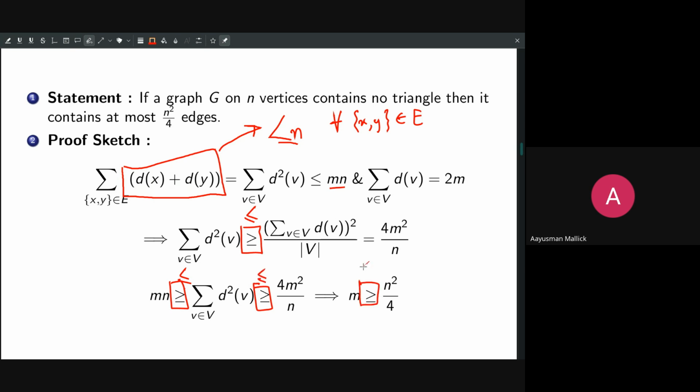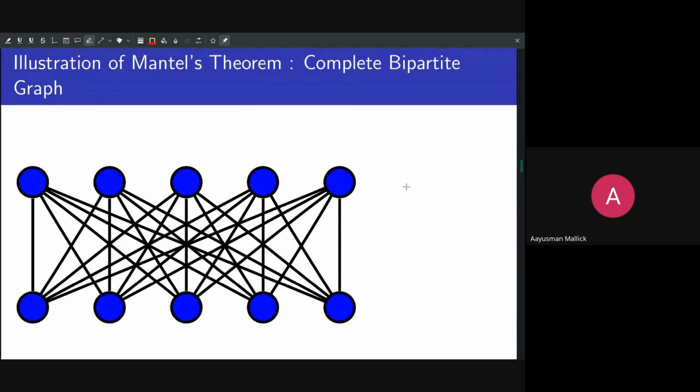And so from this construction we get that the maximum number of edges is at most n squared by 4. And after that, from the construction given by Obrodip, we can conclude that this graph is a complete bipartite graph.